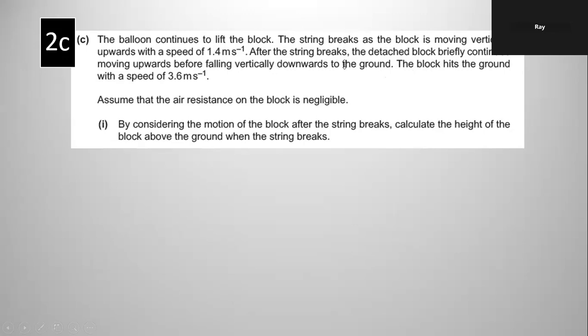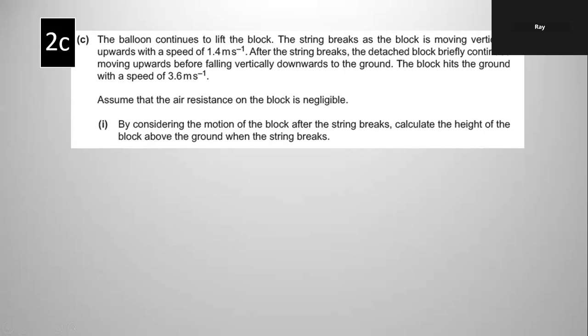The block hits the ground at 3.6 meter per second. Assuming air resistance on the block is negligible, by considering the motion of the block after the string breaks, calculate the height above the ground when the string breaks. I got 0.56. Say again. I got 0.56.